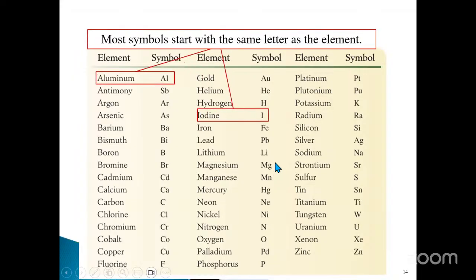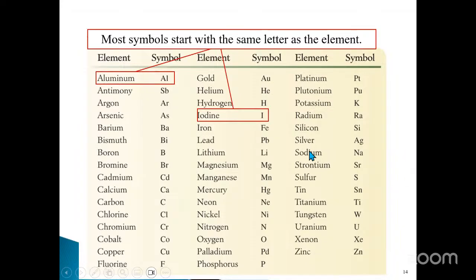Now, in most cases, most symbols start with the same letter as the name of the element itself, right? So some examples are given here, like aluminum, iodine, barium, bismuth, boron, bromine, cadmium, and so on, all right?